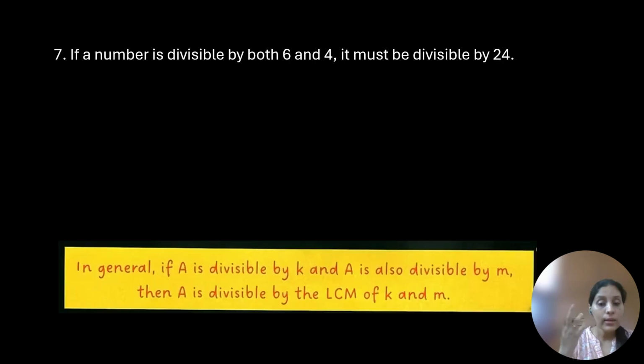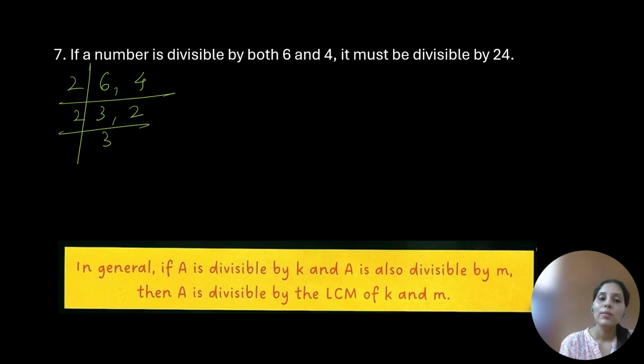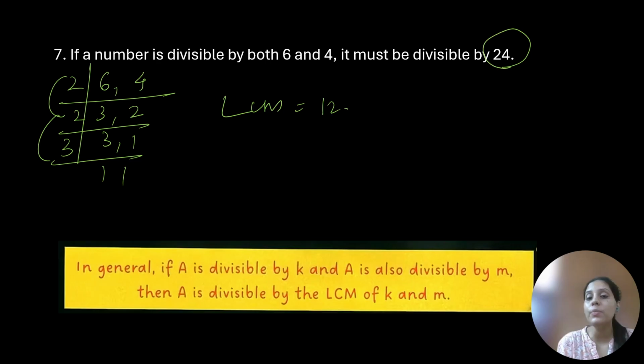Okay. The next statement, if I see: if a number is divisible by 6 and 4, what is the LCM? 2 threes are 6, 2 twos are 4. LCM is 2 twos are 4, 4 threes are 12. Okay. It must be divisible by 24. Is it true?